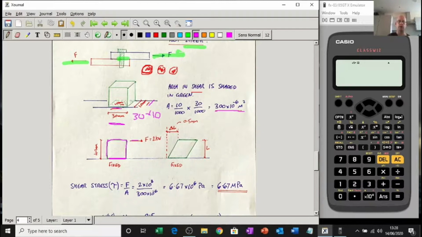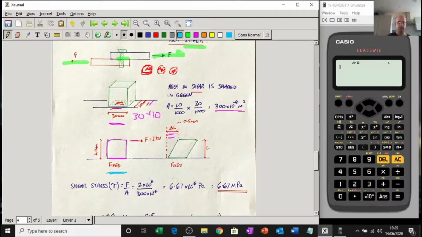So this is the change in length. The change in length is the difference between there and there. It's nothing to do with this length here, nothing to do with this length. It's to do with this bit here.